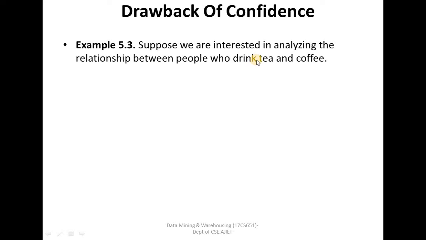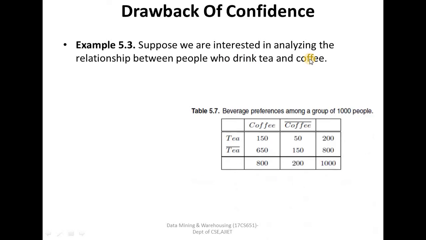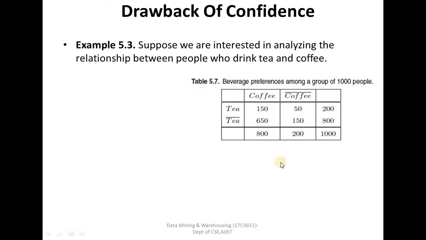Suppose we are interested in analyzing the relationship between people who drink tea and coffee. Now, this is the contingency table. It shows the beverage preferences among a group of 1000 people.